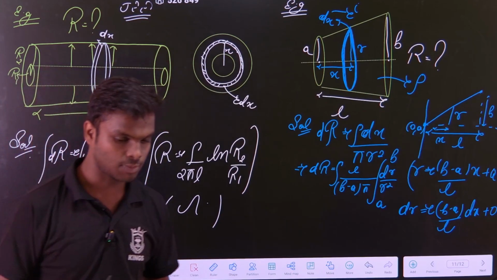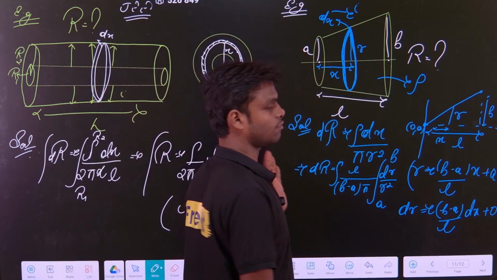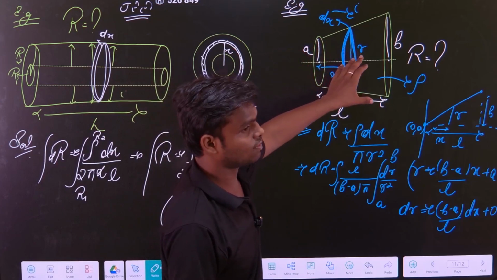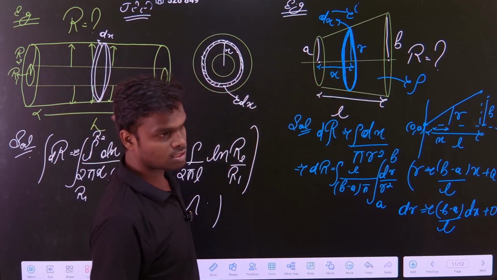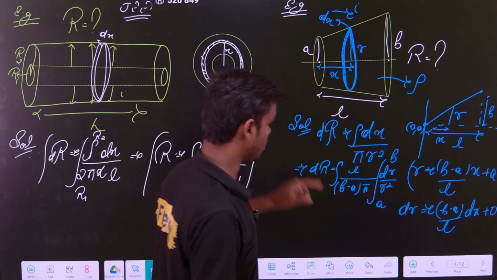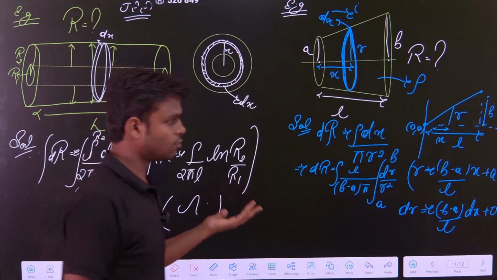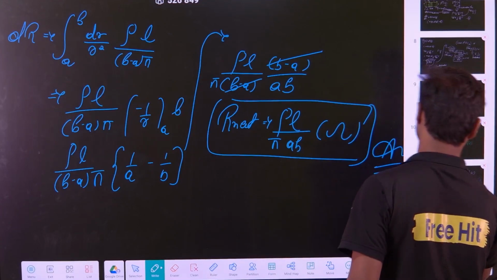In a competitive exam or any exam, there is repetition of concept, there is no repetition of question. Here also area is varying, here also area is varying. Are both questions the same? No, the questions are different, the geometry is different. So the concept is repeating, but the question is not repeating. Clear? Okay. So let us proceed further.